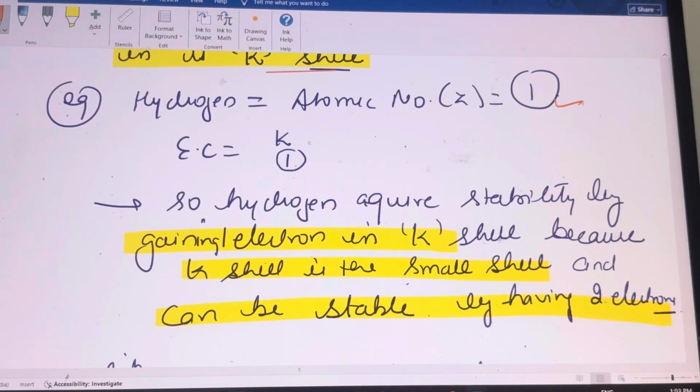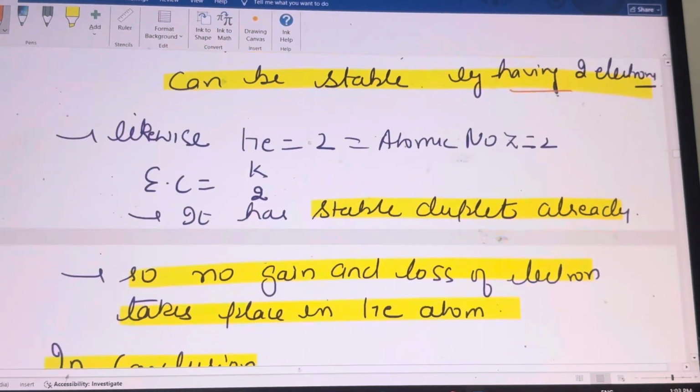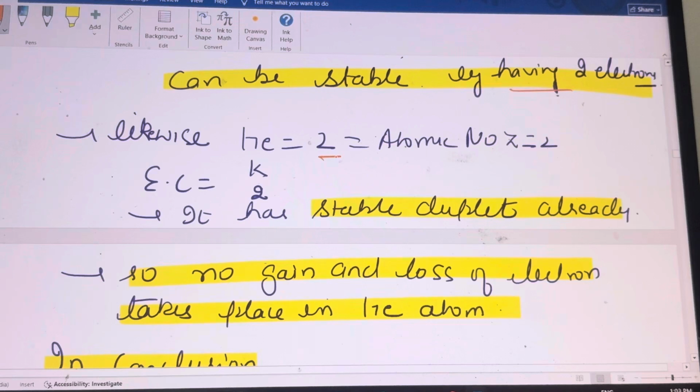So hydrogen can acquire stability by gaining 1 electron in the K shell, because the K shell is the smallest shell and can be stable by having 2 electrons. Likewise, helium has atomic number 2, so its electronic configuration is 2, meaning 2 electrons in the K shell. It already has a stable duplet, so no gain or loss of electrons can take place in the helium atom.